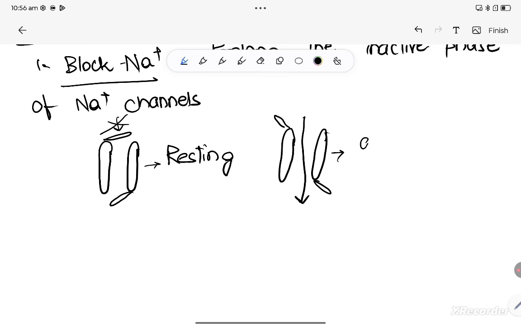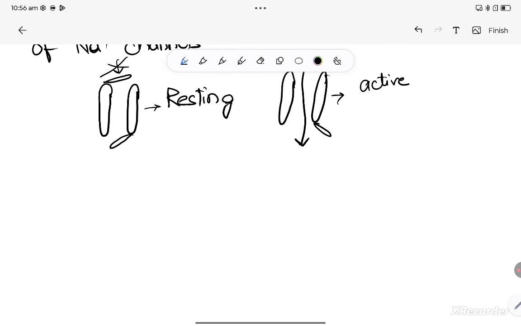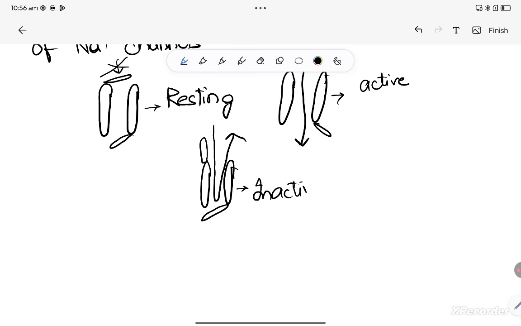Now comes the third phase, the inactive phase, where the ion channel's extracellular gate will be open but the intracellular gate will be closed, so that though ions try to come, they bounce back. We call this the inactive phase.